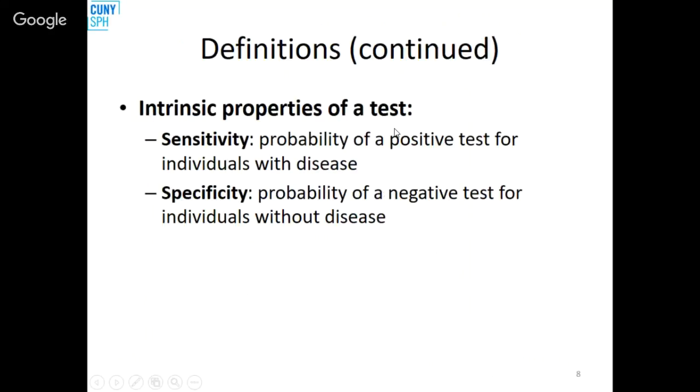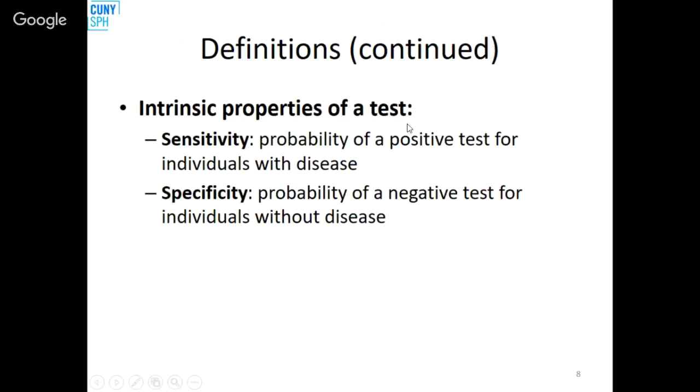Intrinsic properties of a test are properties of that test. So it is intrinsic to the test, not to the population that it is applied to. So sensitivity and specificity, these are intrinsic properties of that test.